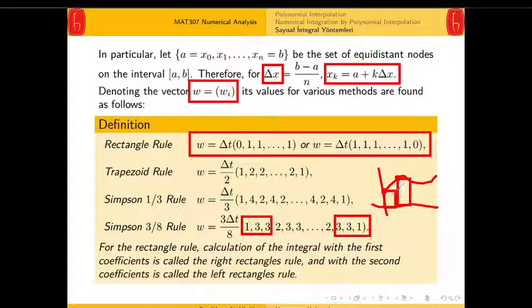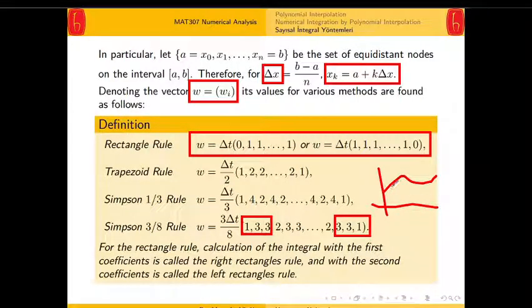If we instead use the right ends, like here, and here we also have used the right end for the function values, then this will give us the right rectangle rule. So this is something we can immediately observe.